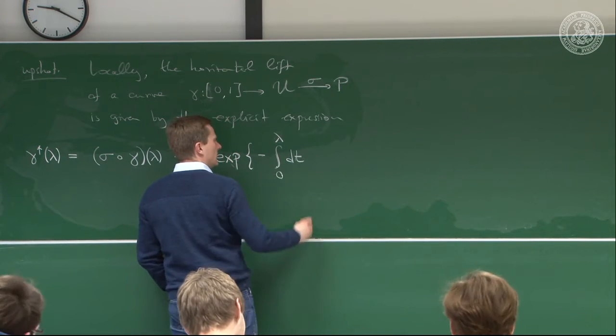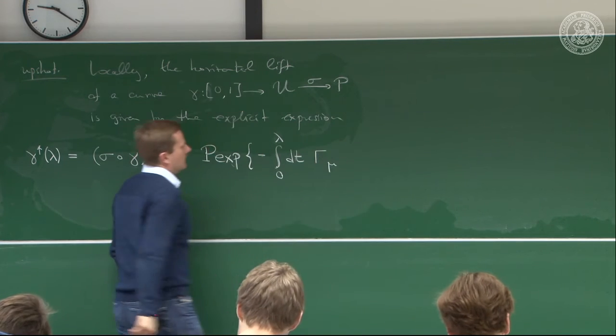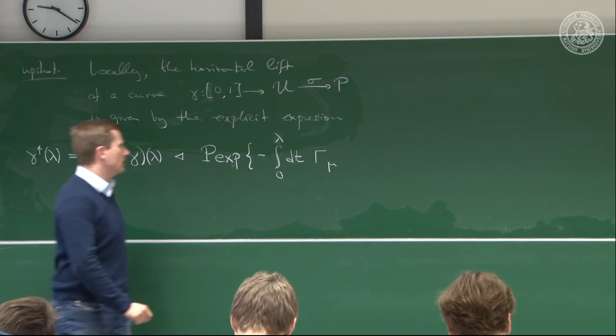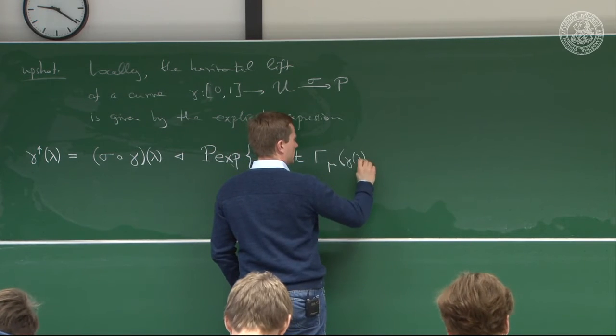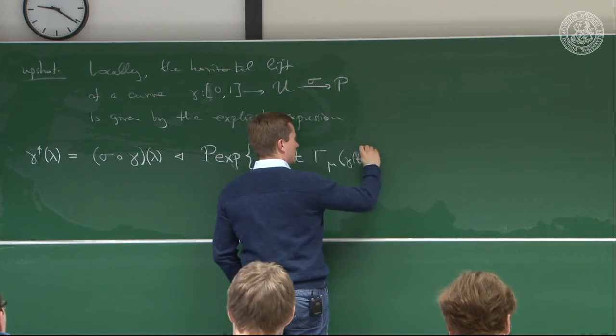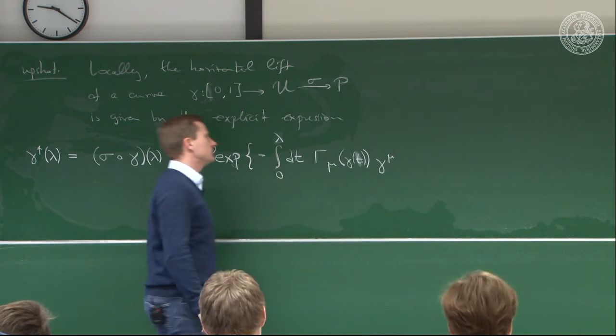That won't confuse you. dλ, and here we had the connection 1-form along the curve small gamma times the coordinate representation.